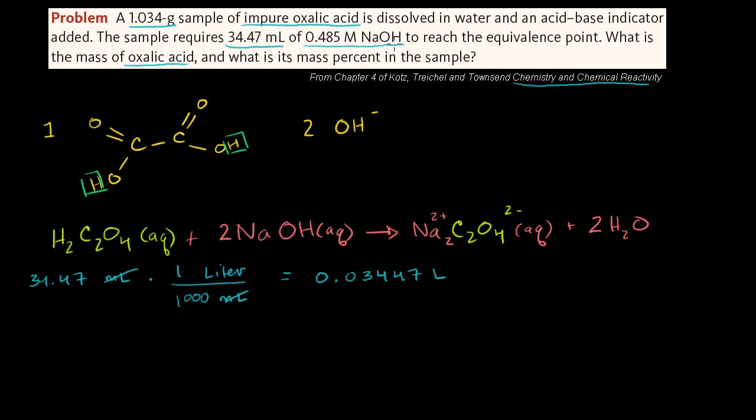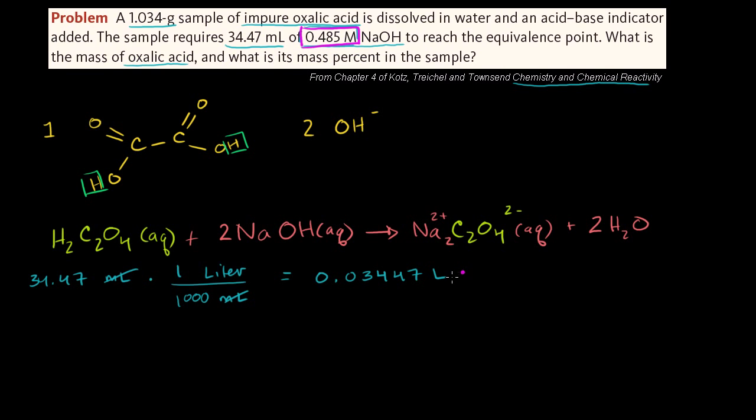So let's figure out how many actual molecules of sodium hydroxide we have. This is the solution, and we know its concentration. It's 0.485 molar. This information allows us to figure out the actual moles of sodium hydroxide.